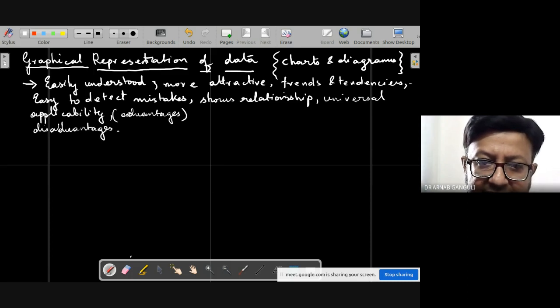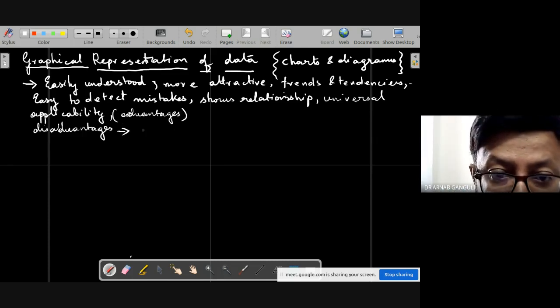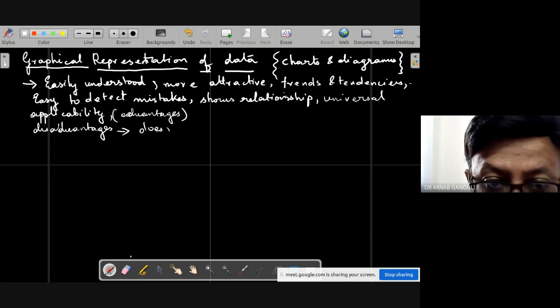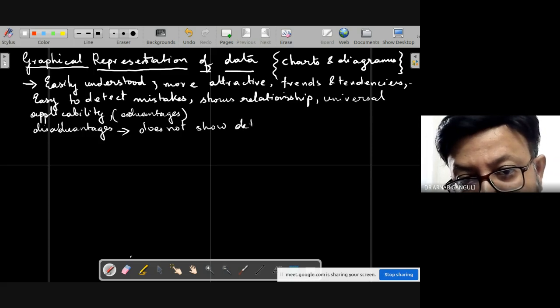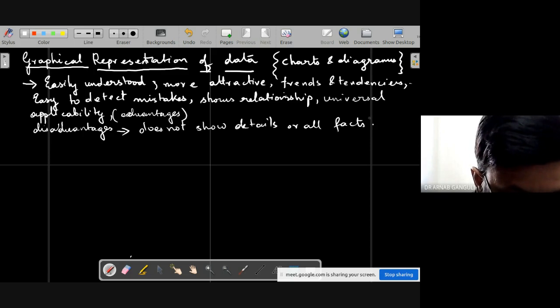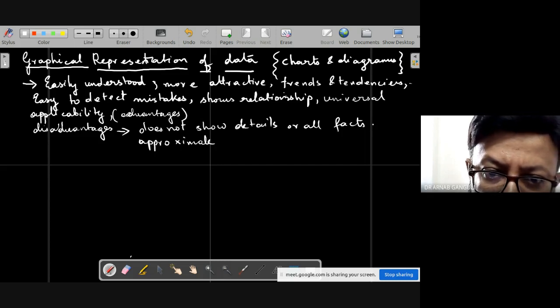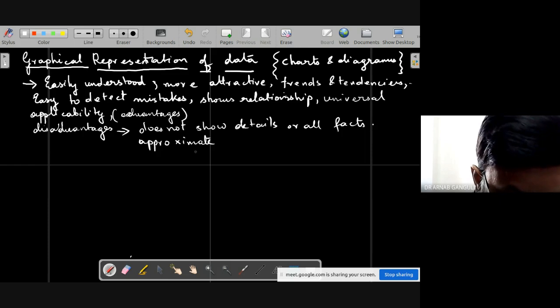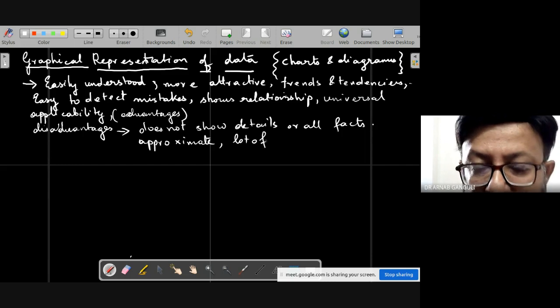What are the disadvantages? It does not show details or all facts. And it is very approximate, not exact; it is not very accurate. It takes a lot of time to prepare graphs.